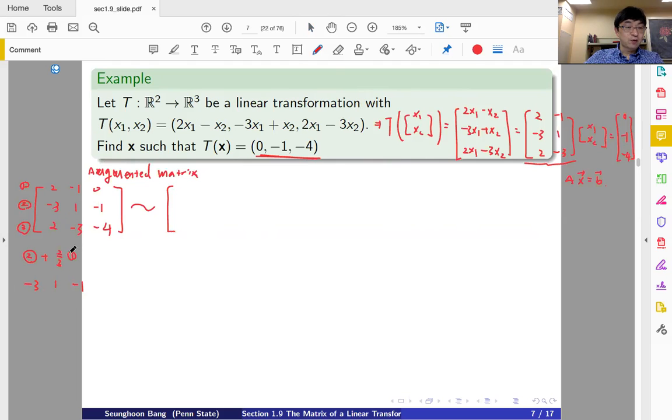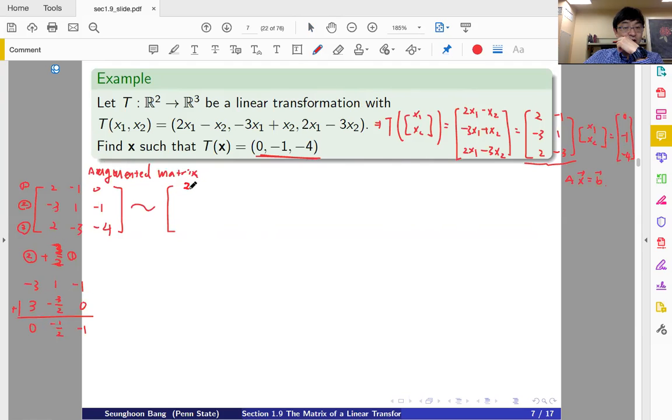The 3/2 times the first row: 3/2 times 2 is exactly 3, 3/2 times -1 is -3/2, and 0 here. Add it, and we have 0, -1/2, -1.